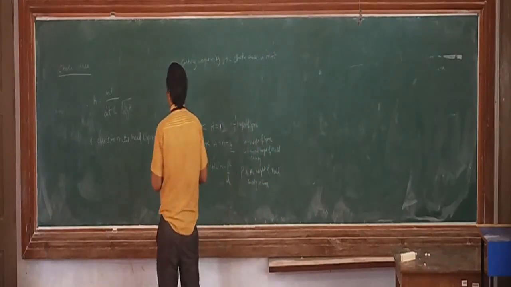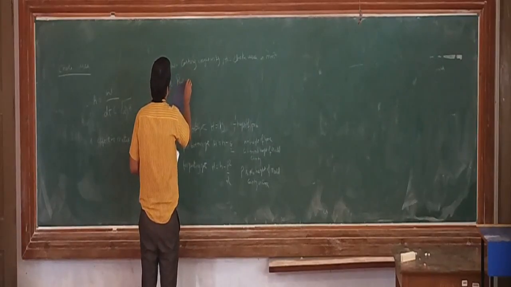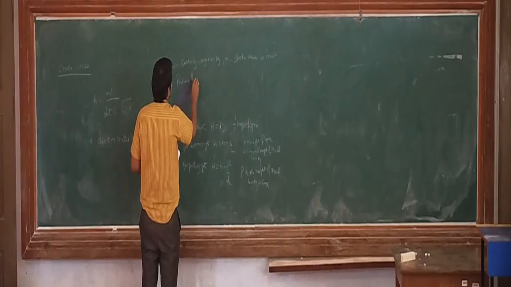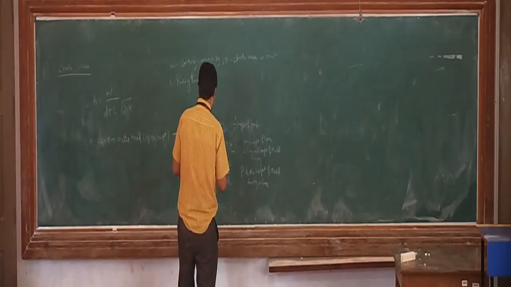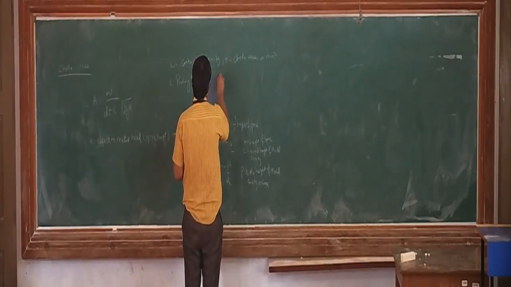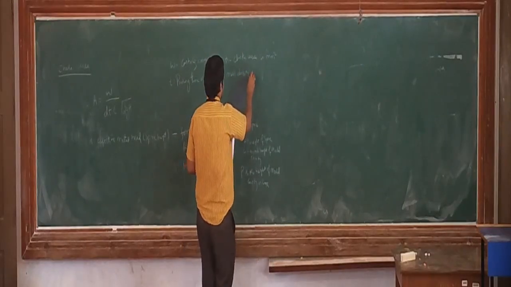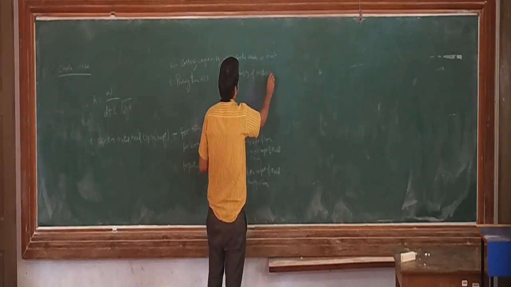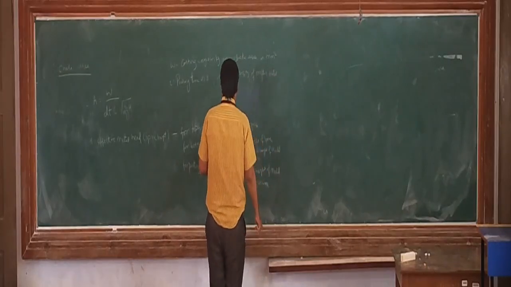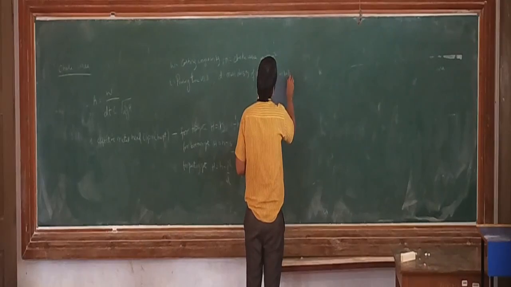Small t is the pouring time in seconds. D is the mass density of molten metal in kg per mm cube.